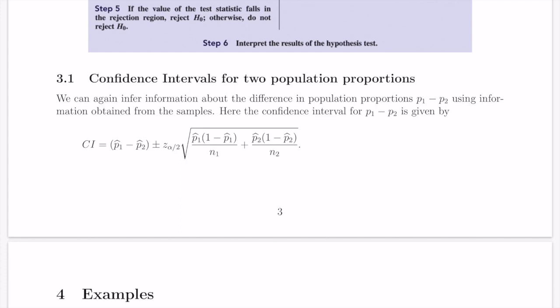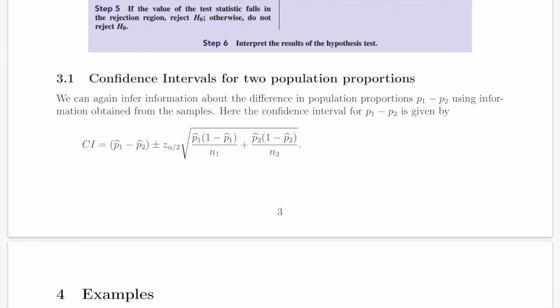This is going to give you some interval that's going to contain the difference in the population proportions. Notice that this does not tell you what either proportion actually is equal to. All it does is tell you, are the population proportions likely to be this close, or are they likely to be not this close?